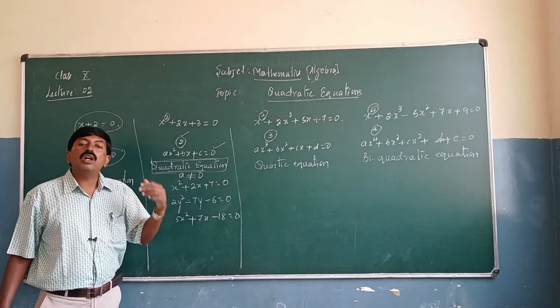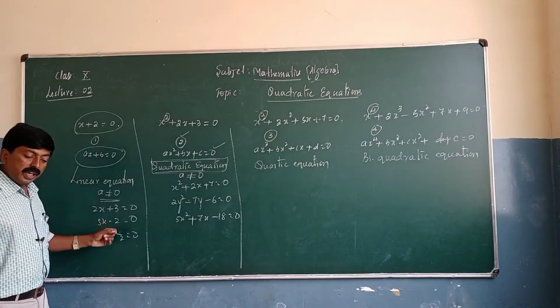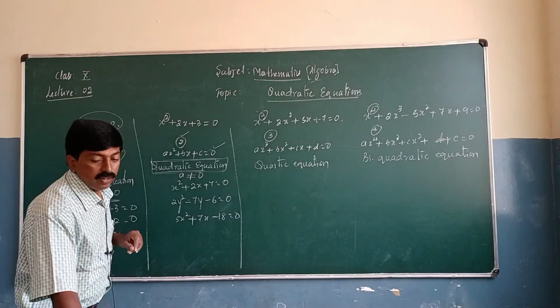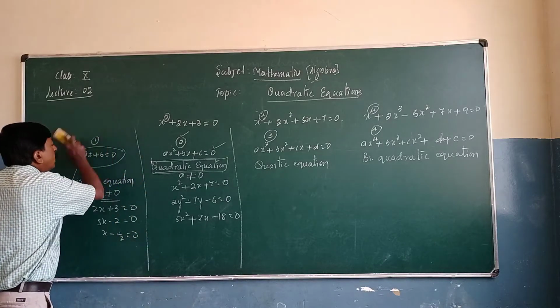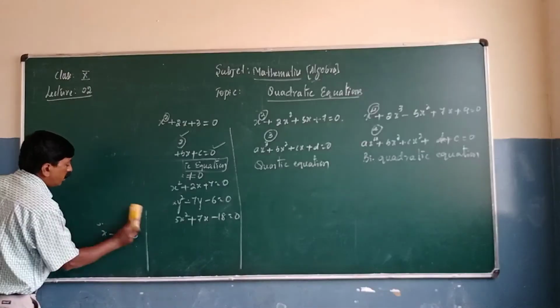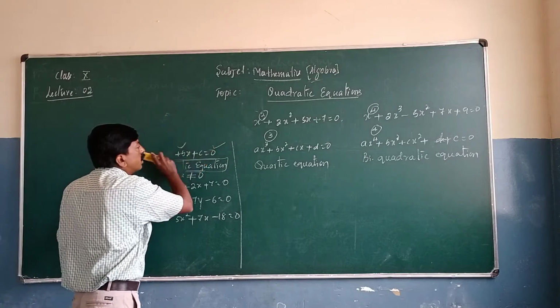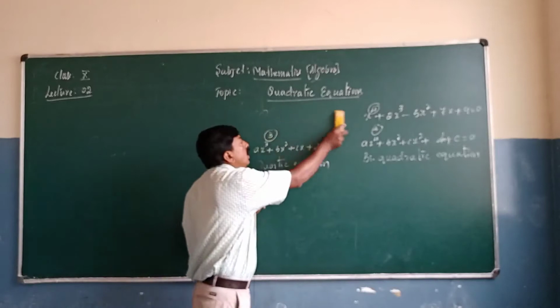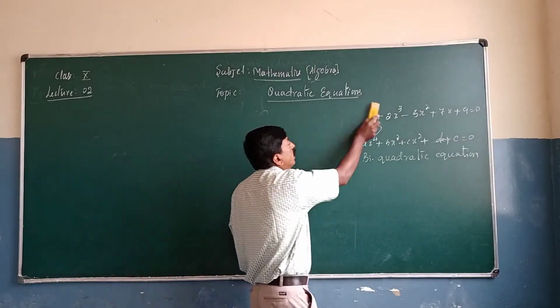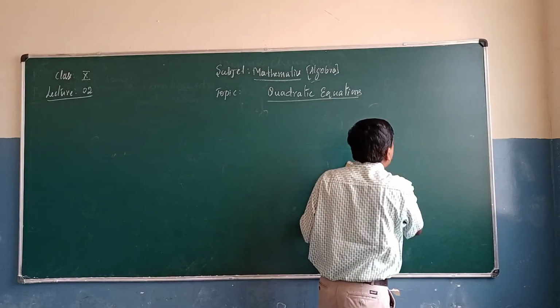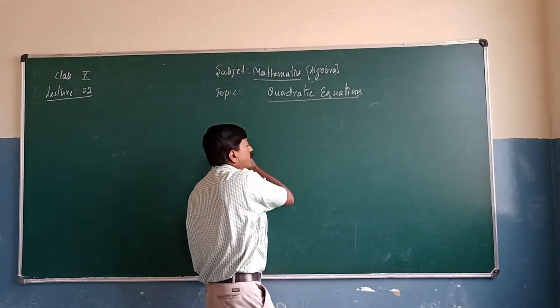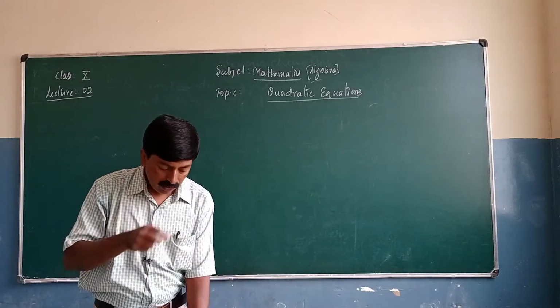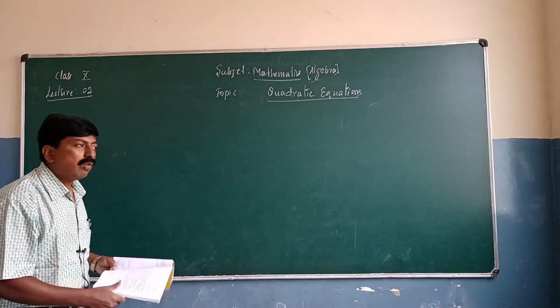I think you already know. So linear equations and quadratic equations are related to this. I think in the last class we did nearly 6 problems to check whether the given equations are quadratic equations or not. So let us continue those problems.